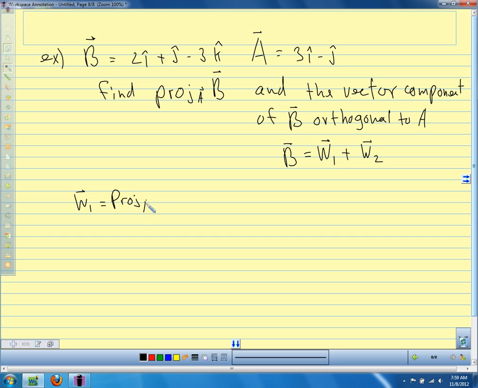I just want to use this terminology so it'll be a little more familiar when you see it. Projection of B onto A is B dot A over the length of A squared times A.